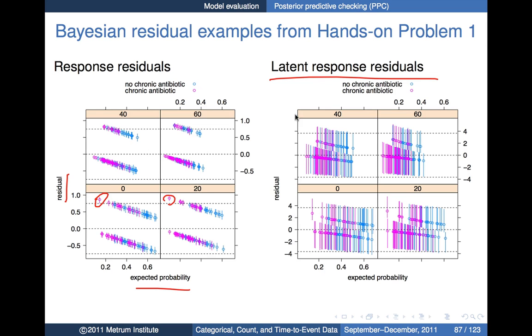I forgot to mention, the error bars on here represent the 90% credible intervals for the residuals, and we can look across those. It's a similar kind of story, except now the extremes of the bars actually correspond to probabilities of 0.025 and 0.975.